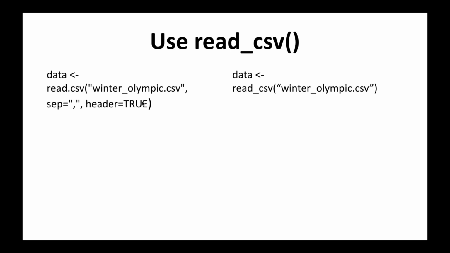Yes, comma separated values. Thank you. That doesn't mean that a .csv can't be tab separated. It's possible, but chances are that it's comma separated. We include the separator here. All the files I gave you that you'll be working with are comma separated. Most files that have a .csv extension tend to be comma separated. And header equals true, I think you remember this from last time. But what does header equals true mean?